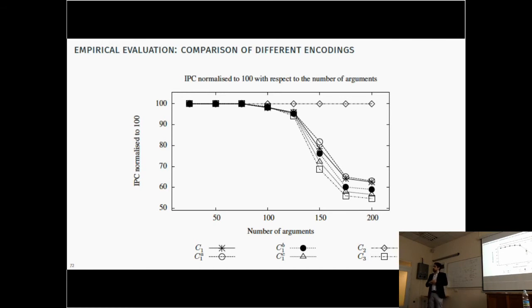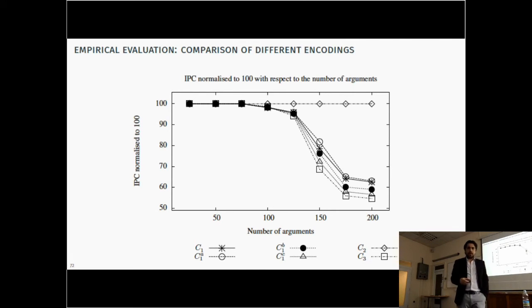And the reason for this one is now under submission to IJAR, so I will not tell you. You have to wait for the reviewers to know it. But essentially, it exploits very nicely the way the SAT solver works. But the others, although they are equivalent, have a significant drop when you have argumentation frameworks bigger than 100 arguments, essentially.